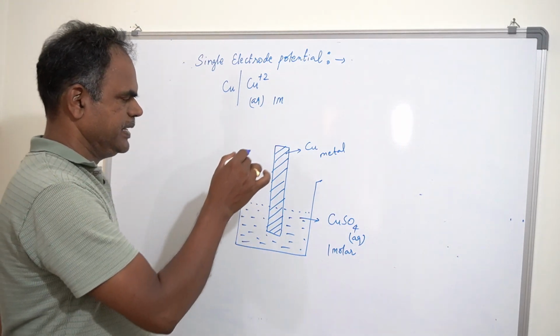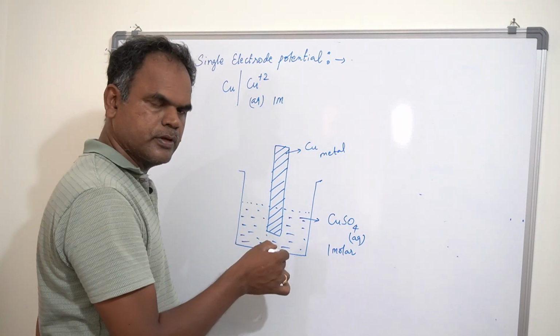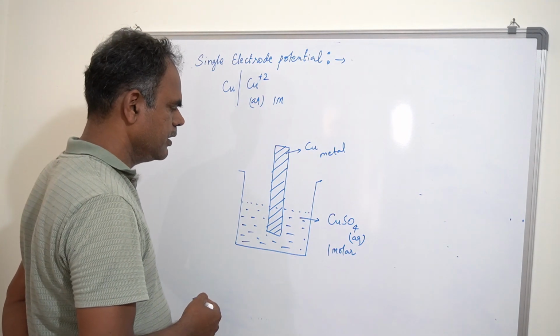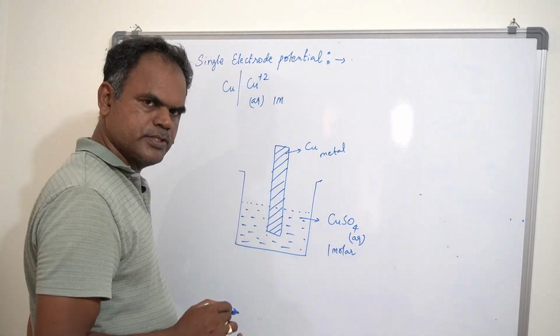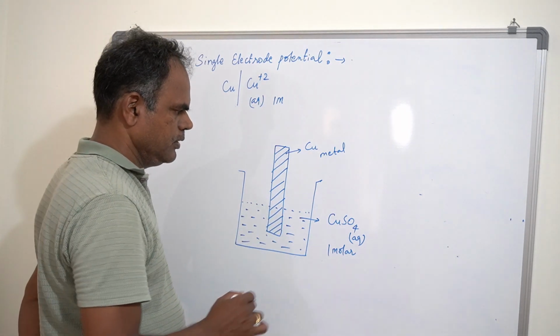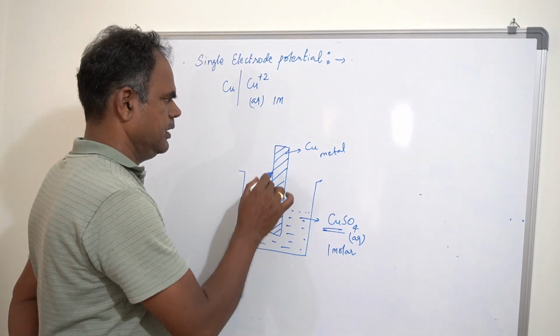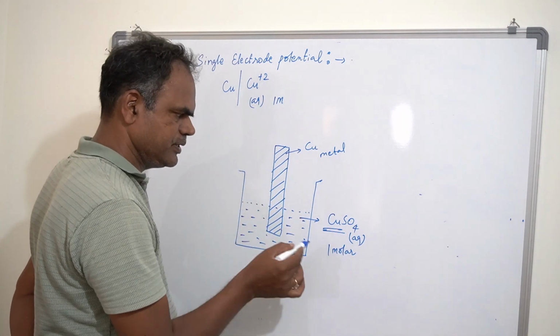When a solid metal is placed in the aqueous copper sulphate solution, a solid liquid interface will form. Due to the concentration of copper sulphate solution, the copper metal plate interacts with the solution.